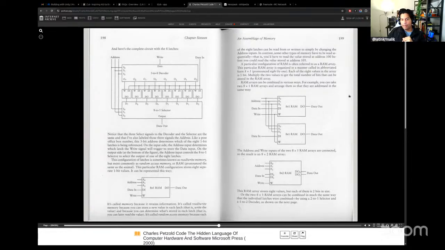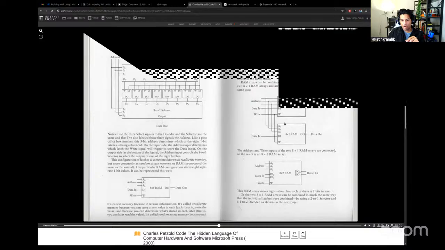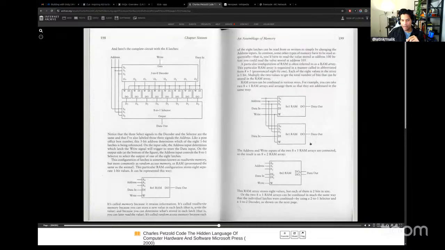The RAM arrays can be combined in various ways. For example, you can take this thing, package it into a nice box, IC or whatever component, and now let's take another one. So you can take two of these 8 by 1 RAM arrays and arrange them so that they are addressed in the same way. So again, there is an address, and we make the address common, we make the data input common and data out common.